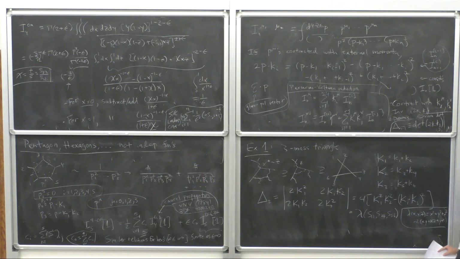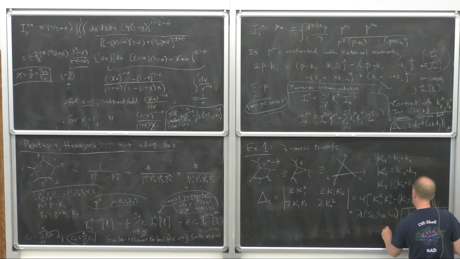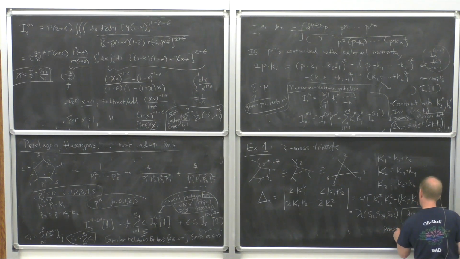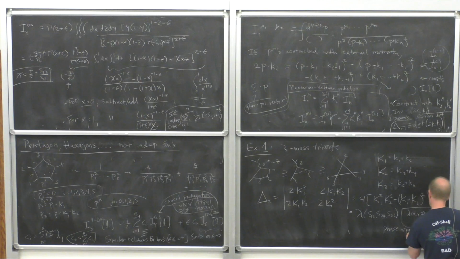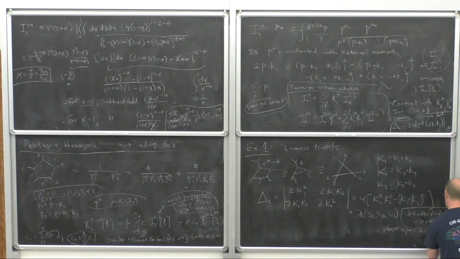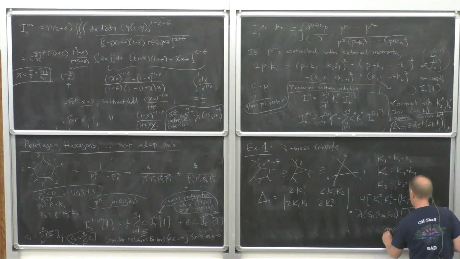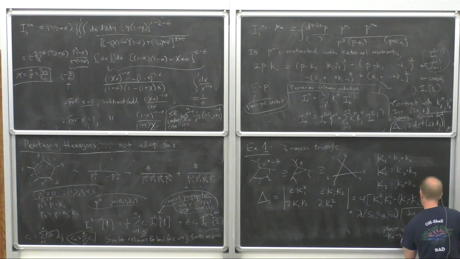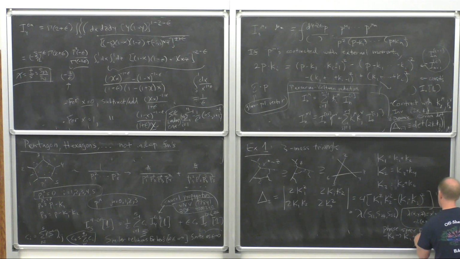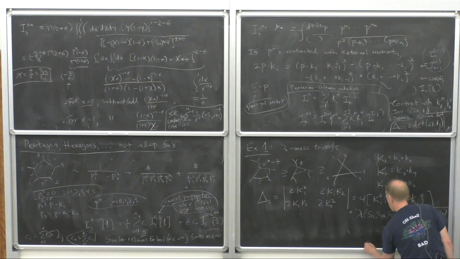And this is also the phase space for a decay, where the vector minus K3 decays into the particles with mass K1 squared and K2 squared. So it only vanishes at threshold.